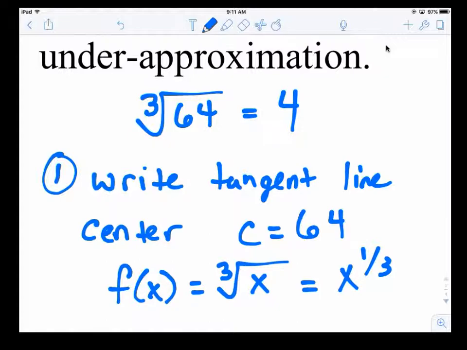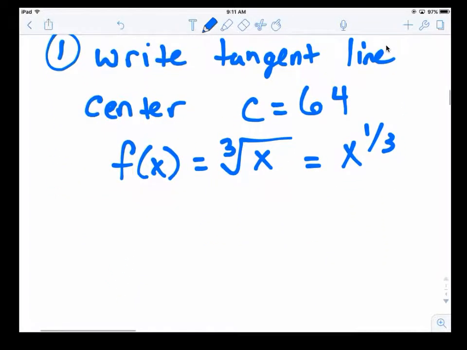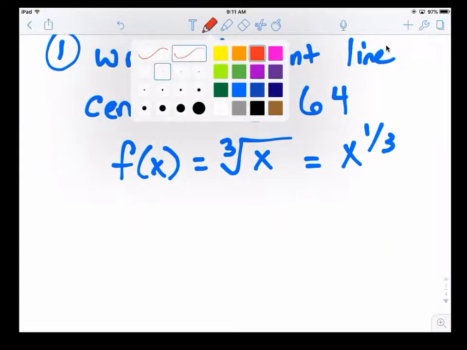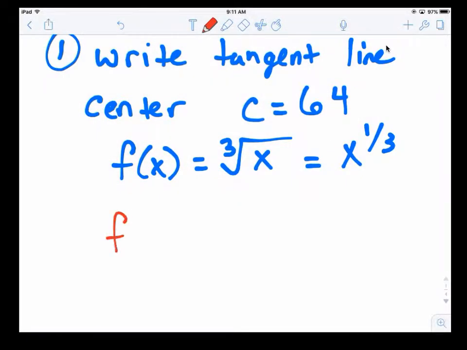I have a point already. My point already would be 64, 4. Now I just have to figure out the slope of my tangent line, which I get from the derivative. Okay, so f prime of x would be what?